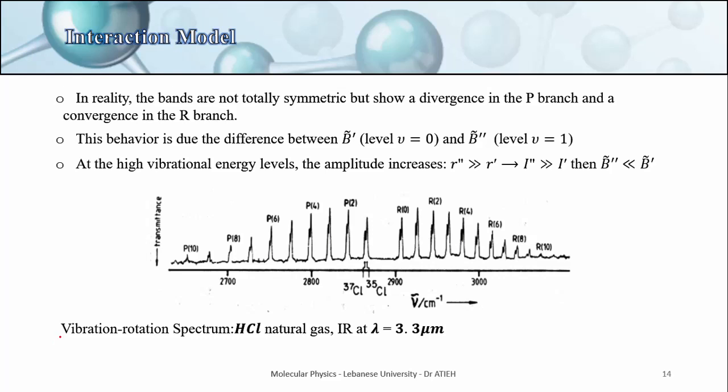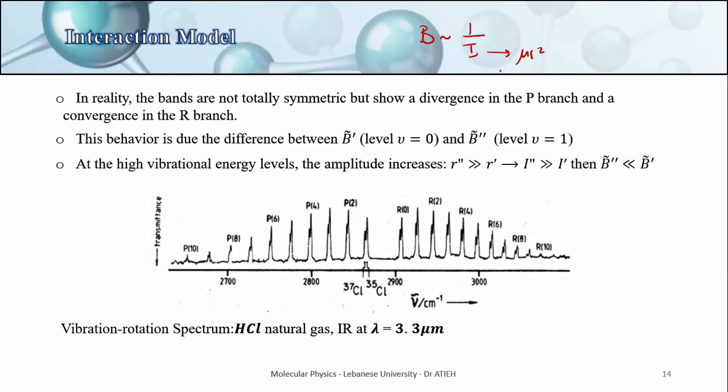If you remember, B is inversely proportional to I. So B depends on 1 over I. And I is equal to mu R squared. So B is inversely proportional to R squared. When the vibrational level increases, so the vibration increases, remember that the length of the bond increases.